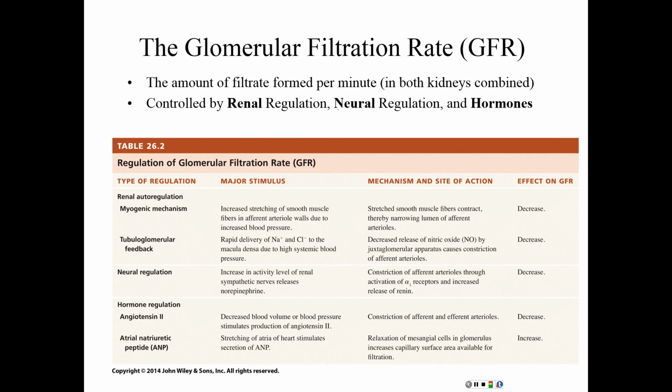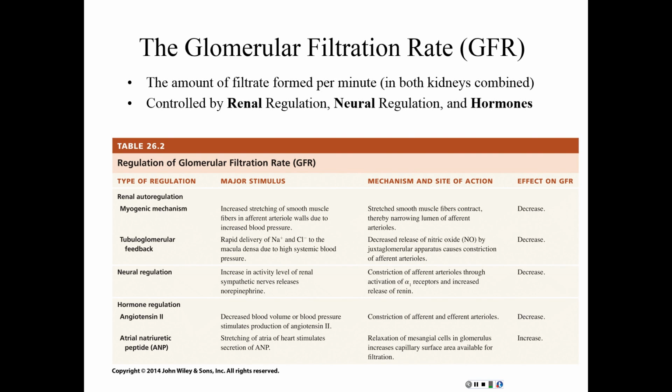Now, we don't calculate glomerular filtration rate per se in terms of volume. You will not need to do that, but you will need to understand what things increase glomerular filtration rate and which things decrease it. The good news is they're summarized for you here in the table, but let me take you through what each of these are.